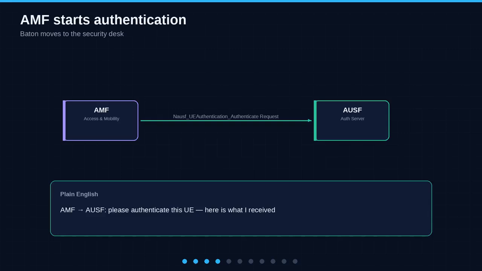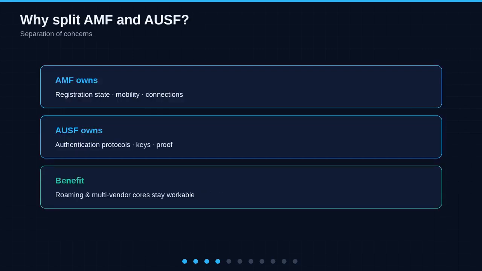Our source scenario starts that chain the same way. The registration request arrived with SUCI. So the AMF packages that context into the authenticate request toward the AUSF. Why this split? Separation of concerns. The AMF is busy with registration state, mobility, and connection management. The AUSF specializes in authentication protocols and keys.